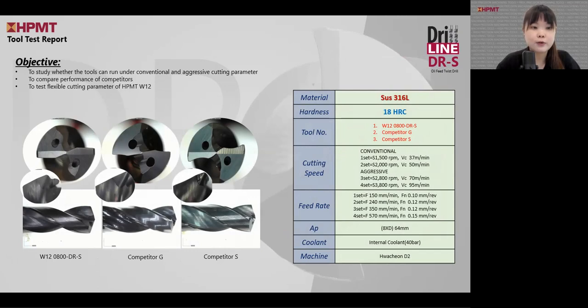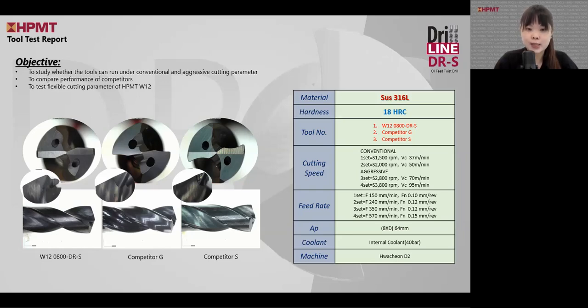You can see from here, our main objective in conducting these two tests is, first, to study whether the tool can run under both conventional and aggressive cutting parameters. Secondly, we would also like to understand our cutting tool's performance when compared with the competitors. Thirdly, to test whether our cutting tools can run under flexible cutting parameters.